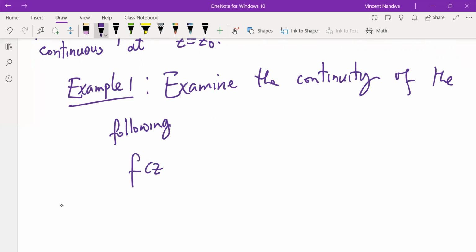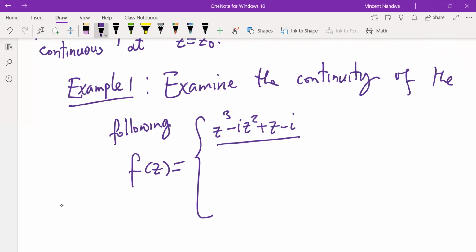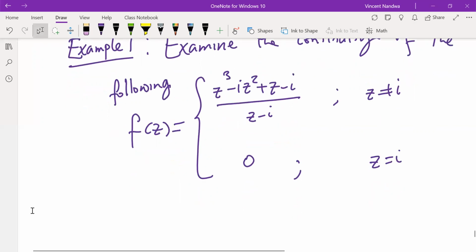The function is f of z, piecewise defined as z cubed minus i z squared plus z minus i over z minus i, for z not equal to i, and 0 when z equals i. So examine continuity of the following at z equals i.